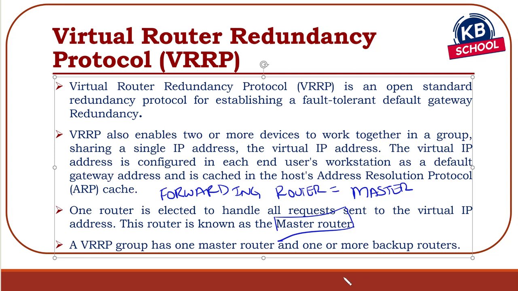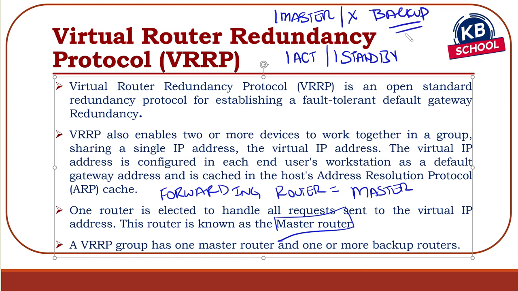Now, the difference over here is that in VRRP, you can have multiple backup routers. You're not limited to one active, one standby, as was the case with HSRP. With VRRP, you can have one master and as many backup routers as you want if you have exit points. Generally not that big of a deal, but that's the way it works.